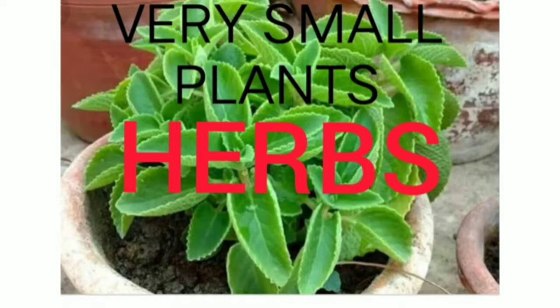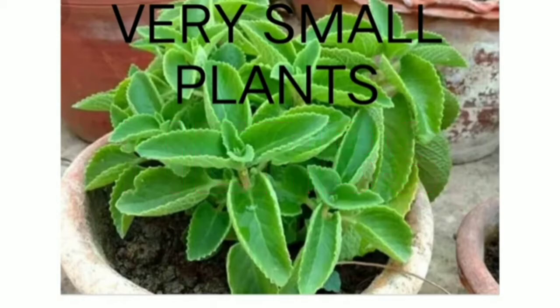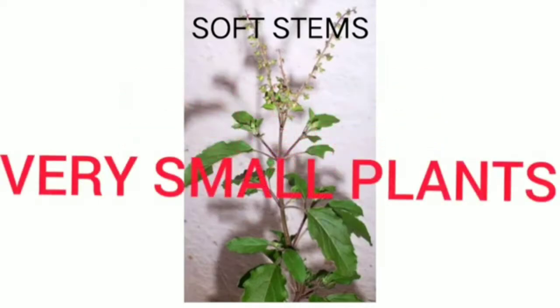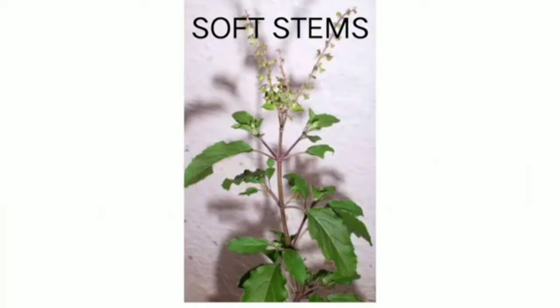And they have soft stem. Herbs are very small plants and they have soft stem. Before, we saw the trees and shrubs.